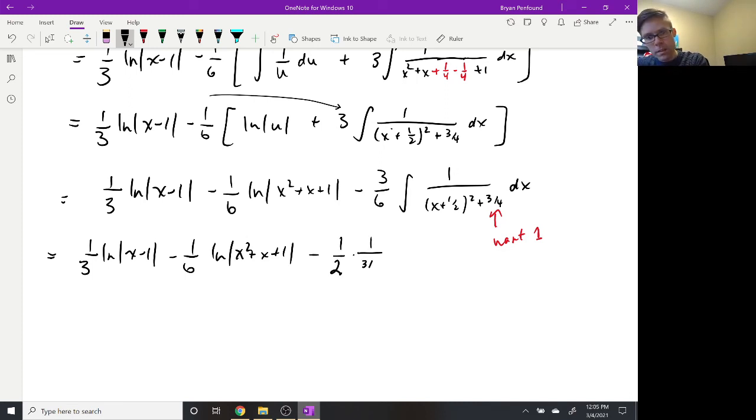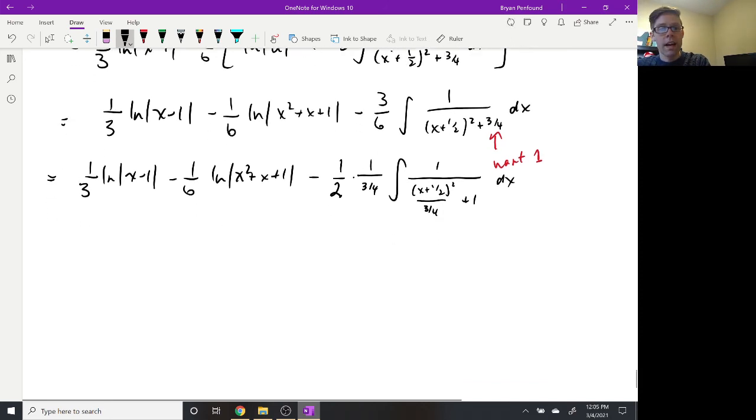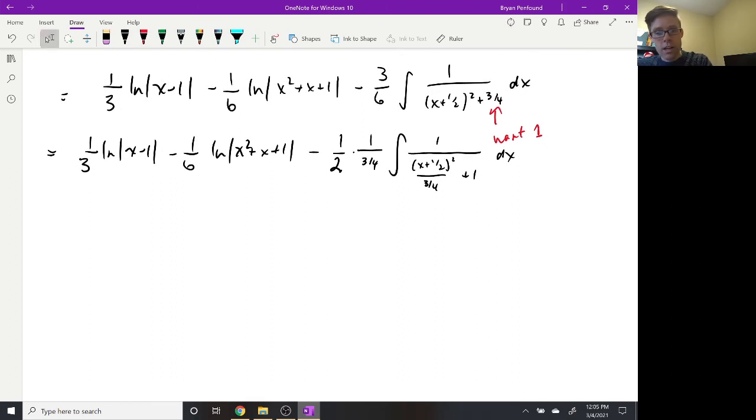And what I'm going to do is factor out 3/4 from the denominator. That's going to give me 1 plus something squared over 3/4 plus 1. Now I have the 1 that I need in order to utilize the arctan integration. I need to get this 3/4 into the brackets.